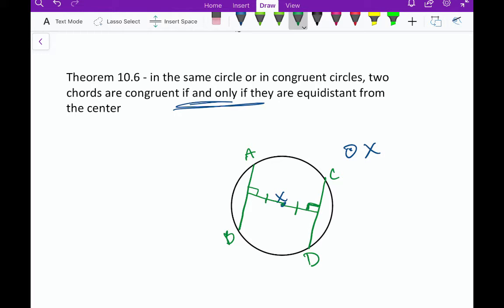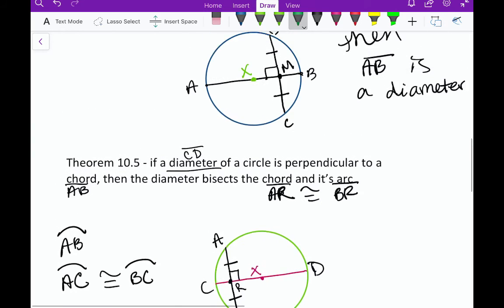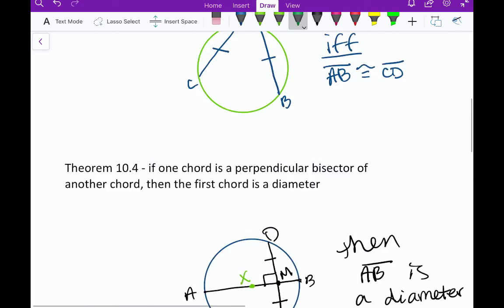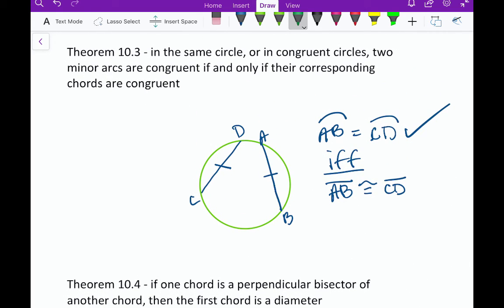Or if they are congruent chords, then you know that this distance to the center is congruent on both sides. Again, making sure that that segment forms a right angle with the chord. Otherwise, that's not the shortest distance that we're talking about. I know that's kind of a lot, but it really helps if you can draw this and state what is true, and we'll be applying these in our problems.